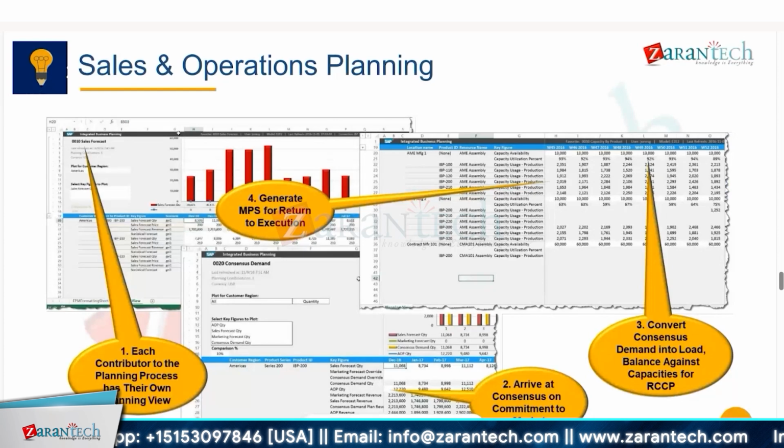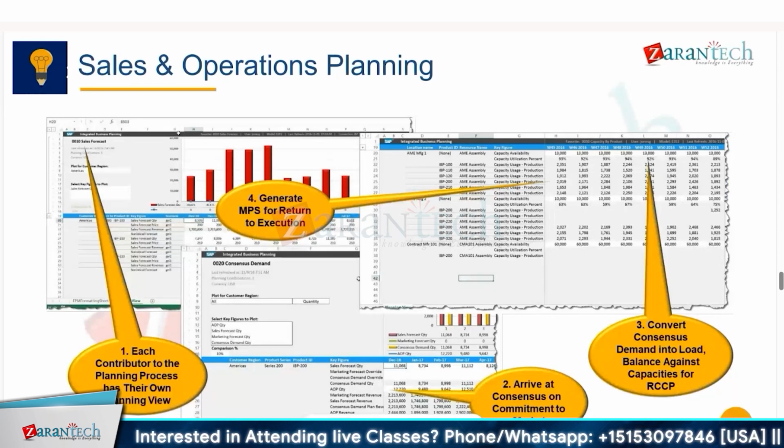Then, in the first step, the sales forecast is entered by the commercial team, reviewed by their respective managers, and finally given to supply chain. Supply chain has visibility at all times of what's going on in the IBP forecasting tool.